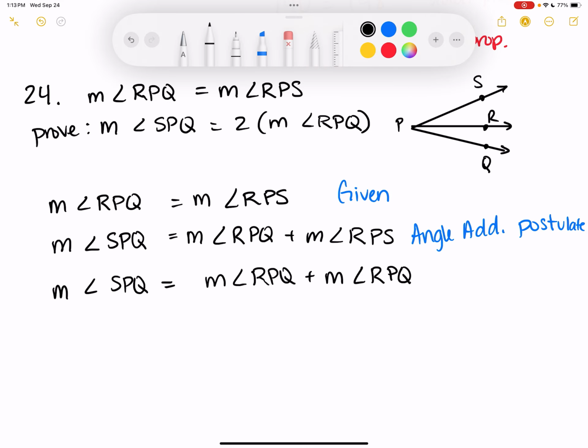Or what did I do in this statement? I went from measure of angle RPQ plus the measure of angle RPS to the measure of angle RPQ plus the measure of angle RPQ. And I was told at the beginning that the measure of angle RPQ is equal to the measure of angle RPS. So what did I do?